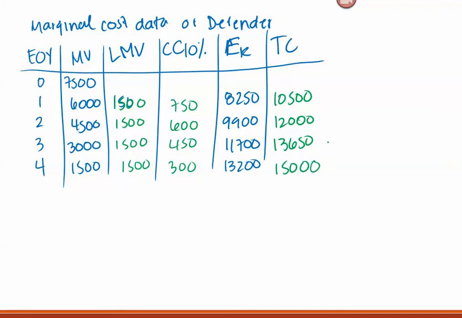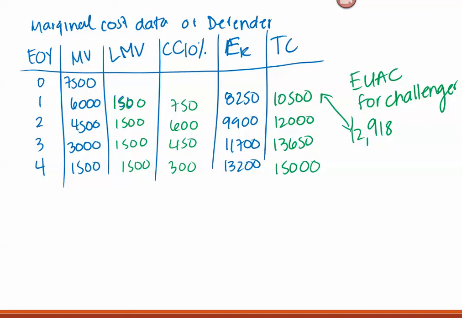Now the question is when to replace. Remember that the EUAC at the minimum cost life for the Challenger was 12,918. So we compare.